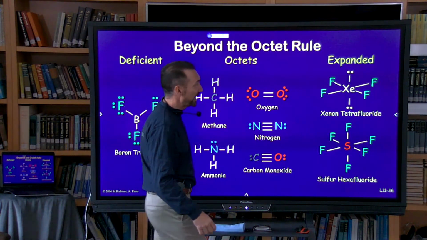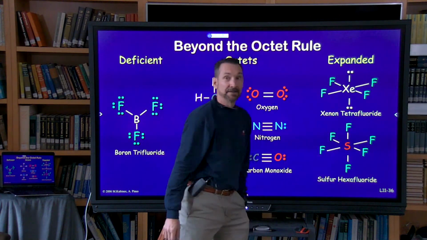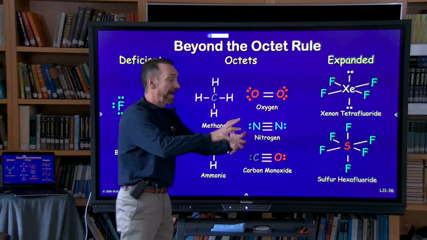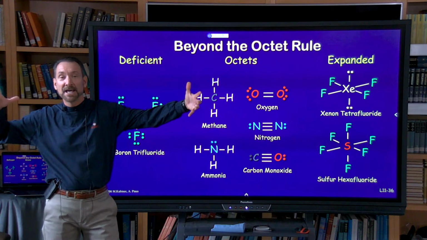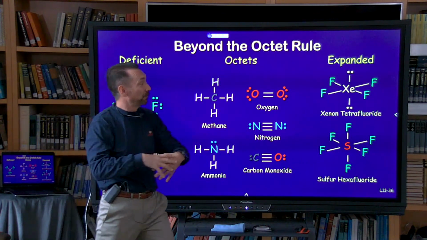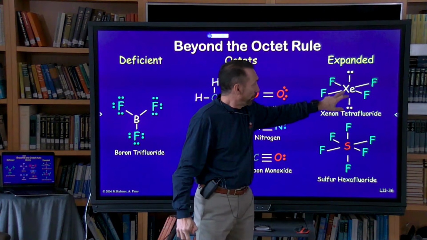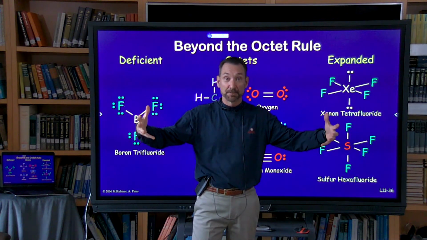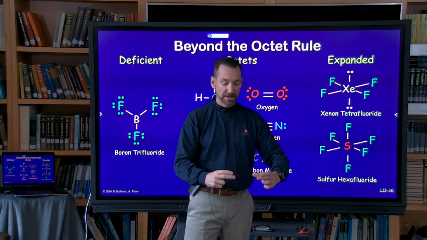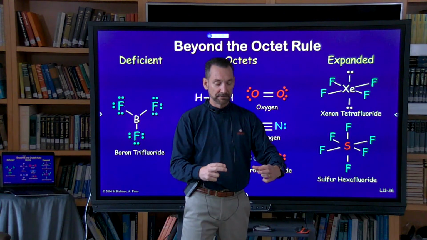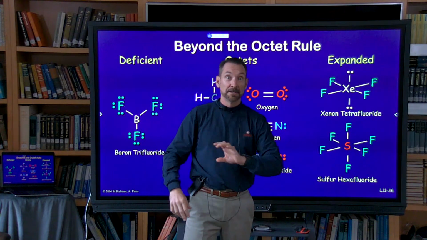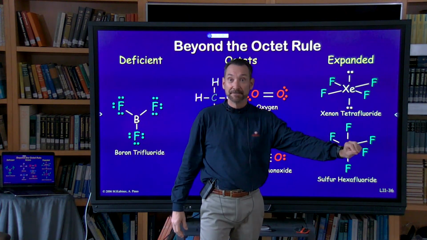And you can expand octets to go beyond octets around central atoms. This happens when you get to bigger atoms, and you might be able to predict why. That would be a good chem quiz. Why do you think that's possible as you get to the bigger elements? For these smaller ones with a limited number of electrons, the closed shell is just the s's and the p's.